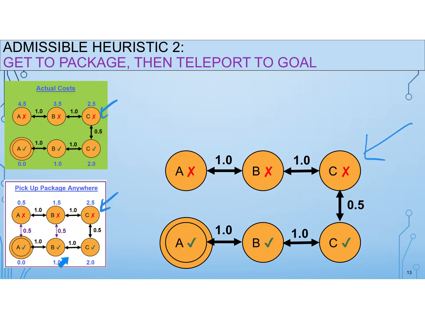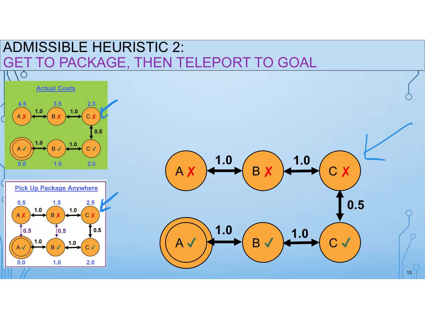Here's one set of heuristics that I could use, right? The blue numbers here. And is it an admissible heuristic? Absolutely, because every single number here is less than the actual smallest cost to get to the goal. All right. Here's another example of an admissible heuristic that I could do. What I want you to do is get yourself to the package, pick it up, and then make it to the goal, with a cost of 0 for that movement.